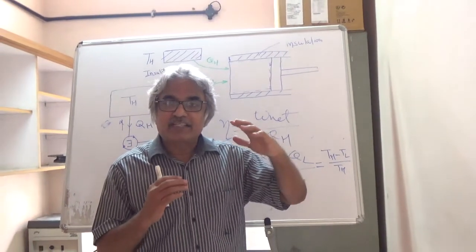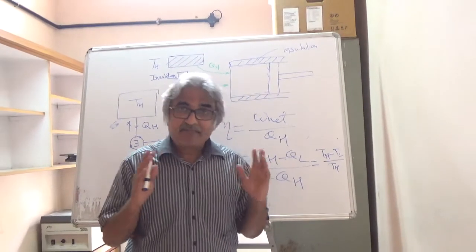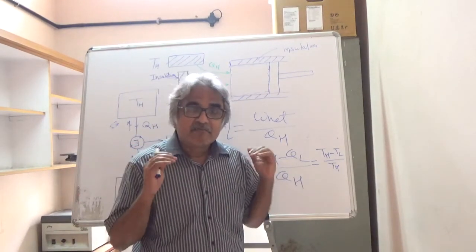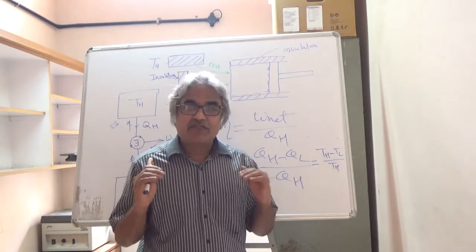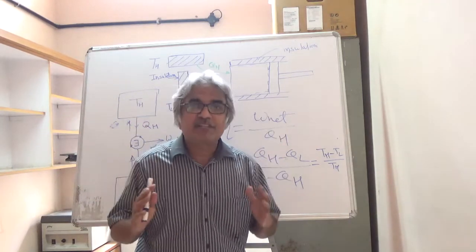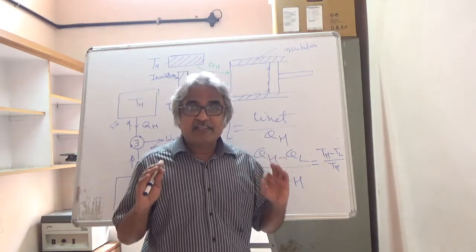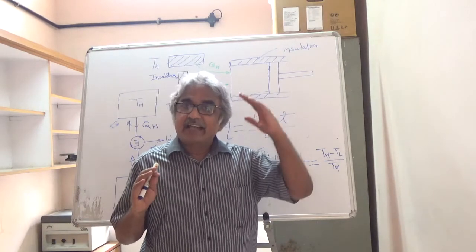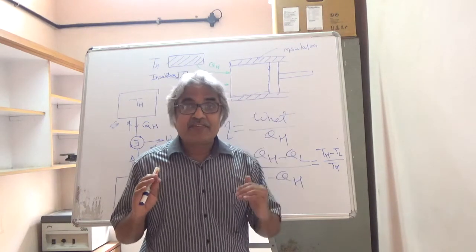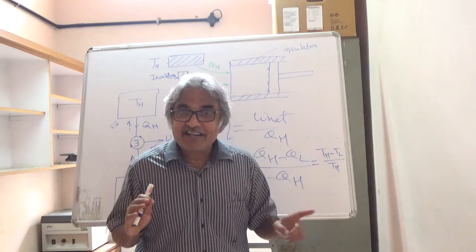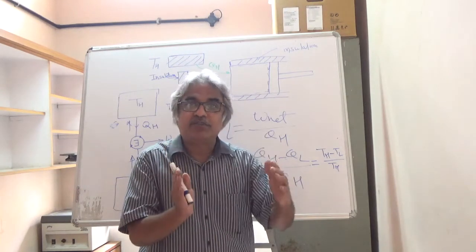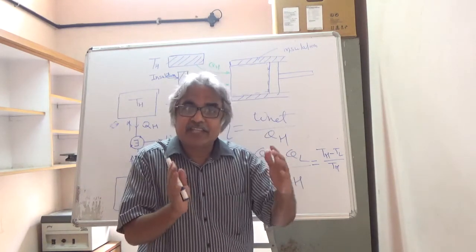Remember, because this is a mistake which students always make: a Carnot engine is the best possible engine that can be imagined. Its efficiency is never 100% because it also stays within the limit of the second law.